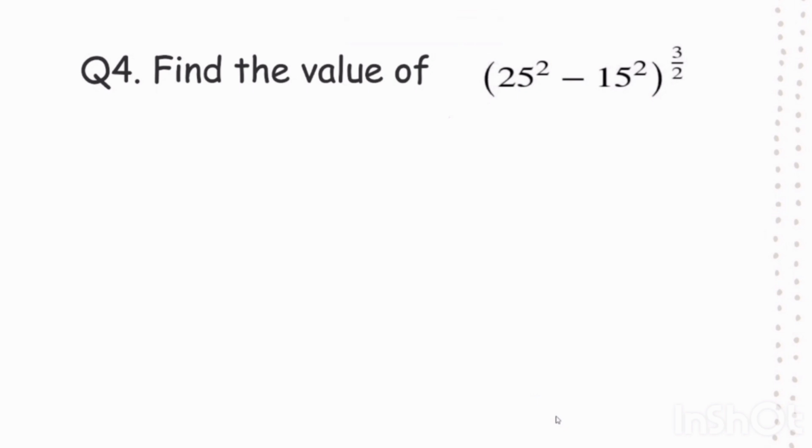now let's find the value of this expression. 25 square is equal to 625, minus 15 square equal to 225, and 4 raised to the power 3 by 2, and that's equal to 400, and 400 raised to the power 3 upon 2.